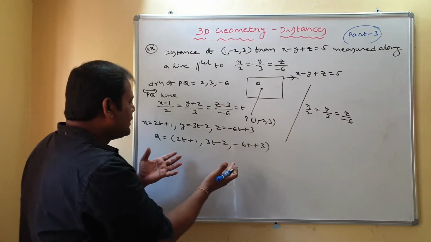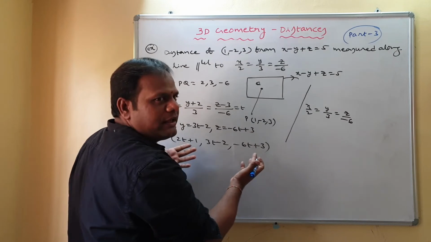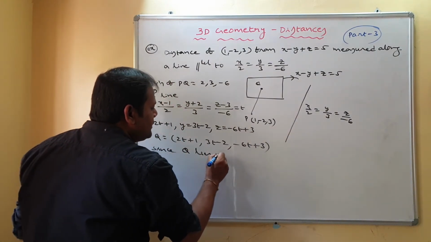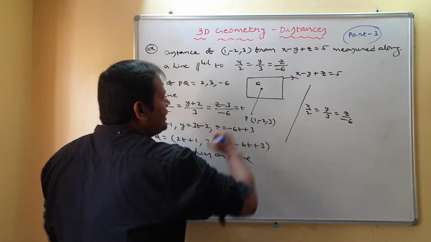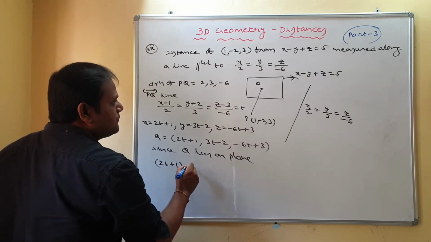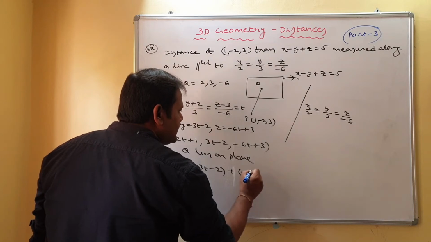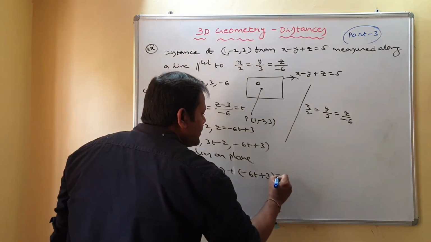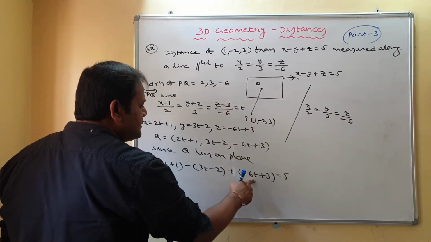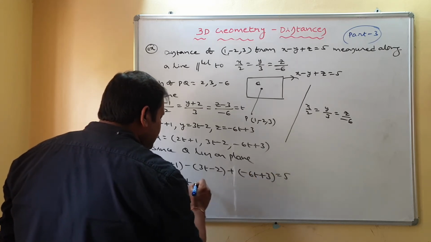Is point Q on the plane? Yes, Q lies on the plane. So since Q lies on the plane, you can put Q in the plane equation. What you get is 2t plus 1 minus (3t minus 2) plus (minus 6t plus 3) is equal to 5. Just do the simplification: 2t minus 3t minus 6t is minus 7t, and 1 plus 2 plus 3 is 6, so minus 7t plus 6 equal to 5, giving minus 7t equal to minus 1.